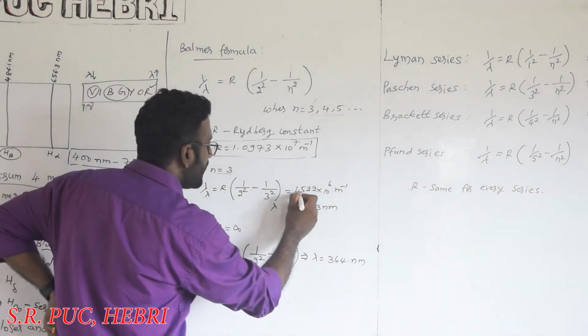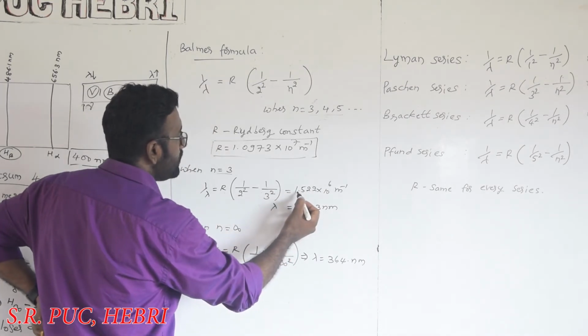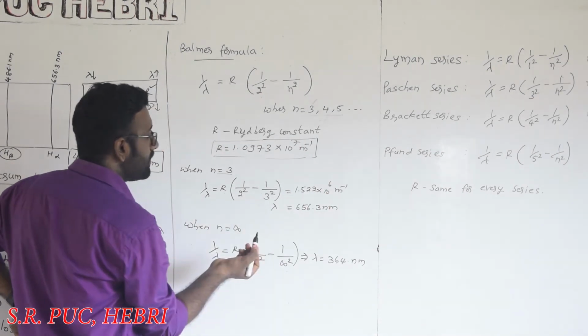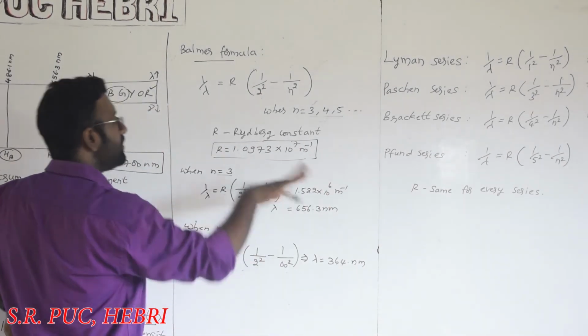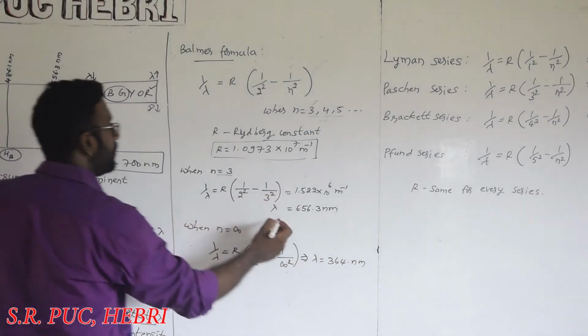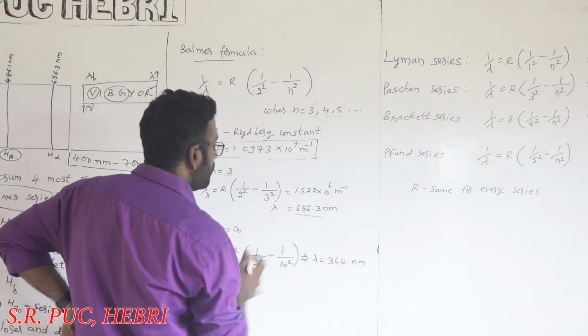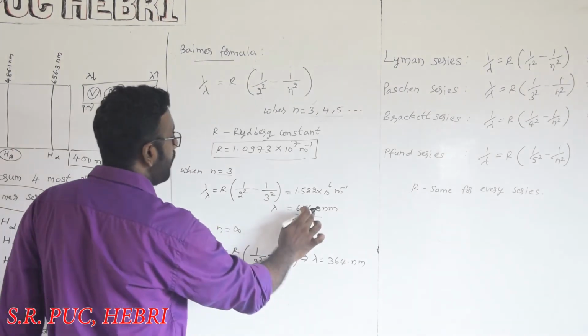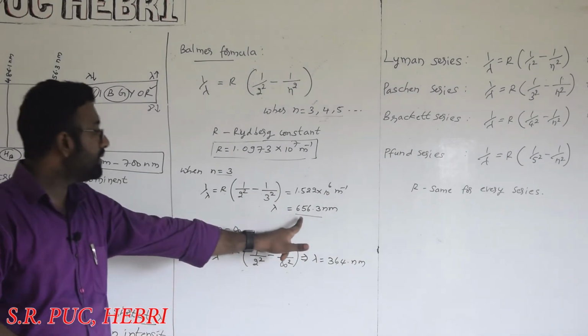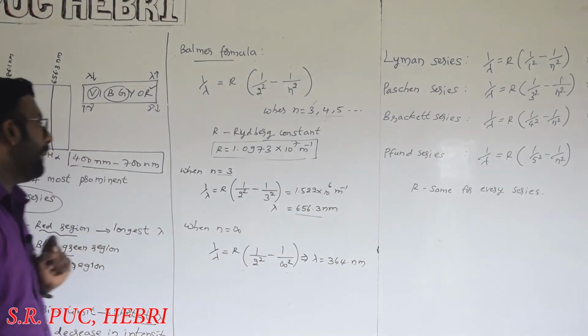After that you will get a value of 1.522 into 10 to the power 6. That is 1 by lambda. Just reverse it, 1 divided by this value, and you will get a value of 656.3 into 10 to the power minus 9, or you can write it as 656.3 nanometer.